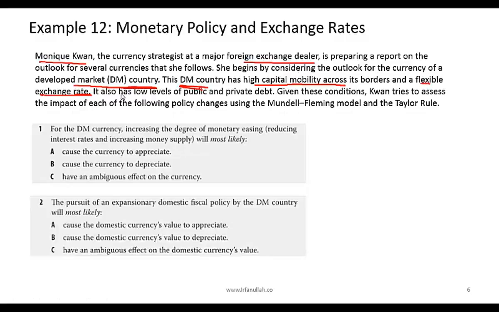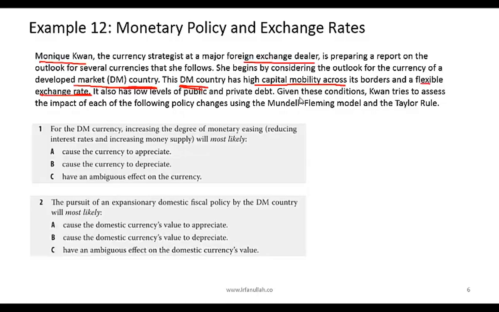Flexible exchange rate, this is something you studied at level 1. This means that the monetary authority of a country lets the exchange rate go up and down based on the market. Okay, so this country has low levels of public and private debt. So at least in the short run, you won't have a fiscal deficit putting pressure on interest rates.